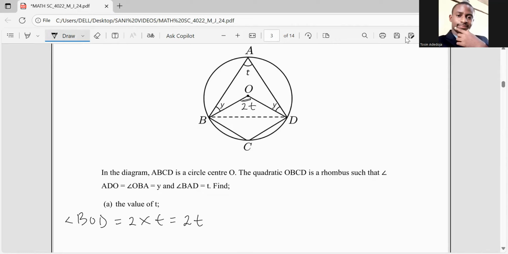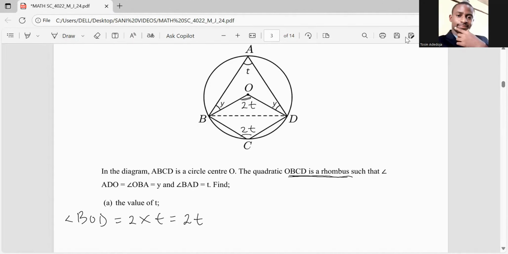Then the next thing, the question says OBCD is a rhombus, and opposite angles in a rhombus are equal. So BCD is also 2T. So angle O equals angle C. Then we can apply opposite angles in a cyclic quadrilateral. They are supplementary, which means they add up to 180 degrees. So BADC is a cyclic quadrilateral.